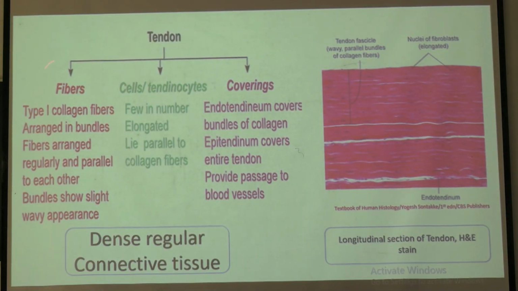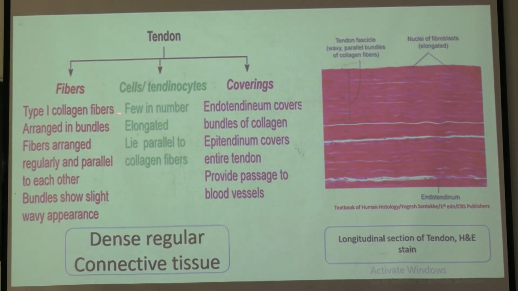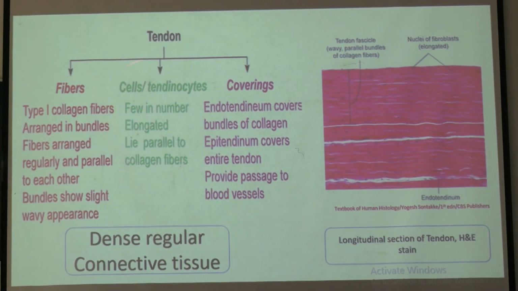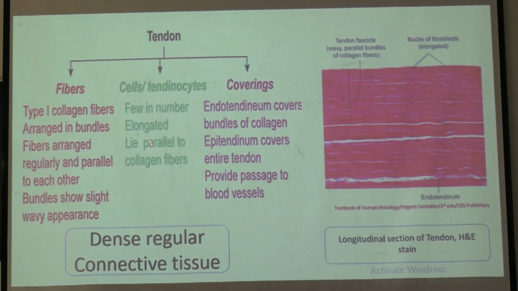So tendon has fibers, cells or tendinocytes, and coverings. Fibers are type 1 collagen fibers arranged in bundles, regularly and parallel to each other, and the bundles show a slight wavy pattern. Tendinocytes are few in number.